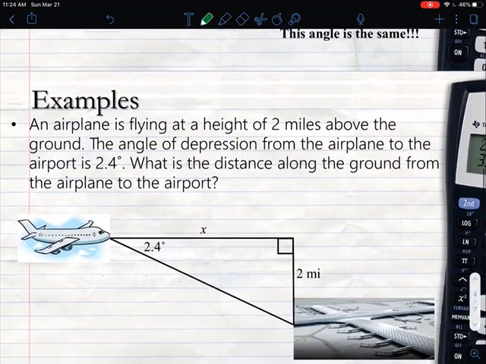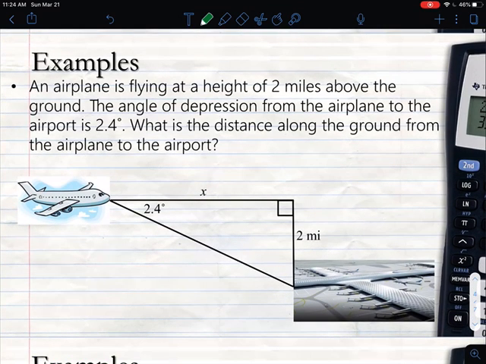So if we look at a depression problem, an airplane is flying at a height of 2 miles above the ground. The angle of depression from the airplane to the airport is 2.4 degrees. What is the distance along the ground from the airplane to the airport? So as we look at the picture that's set up here, this was if we were going to use that angle of depression. So I've got my airplane up here.